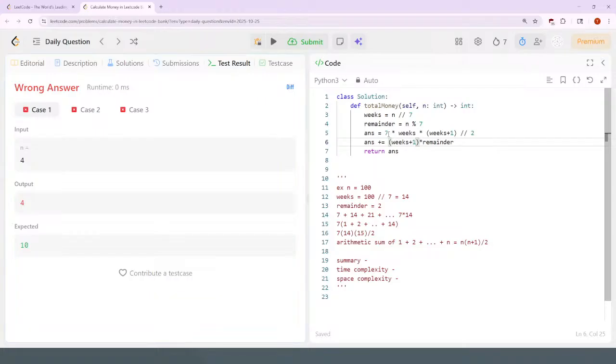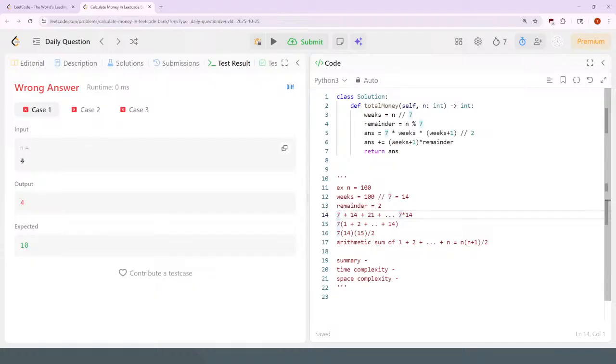All right. What's going on here? So the number of weeks, n is 4. The first week should be 0. This is like weeks completed.